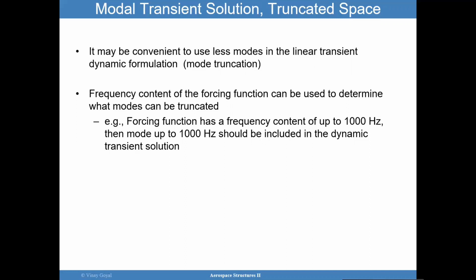We already showed you that omega f divided by omega n, if that value is very large, the contribution to the peak response of the system is going to be very limited. As a consequence, you can use the forcing function frequency content to guide decisions about where to cut off and what mode frequencies you should account for.